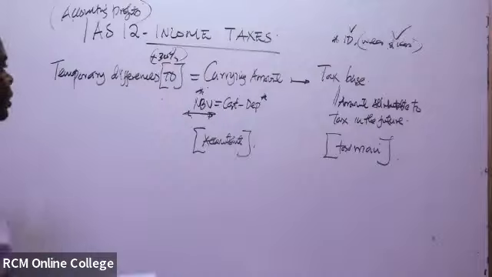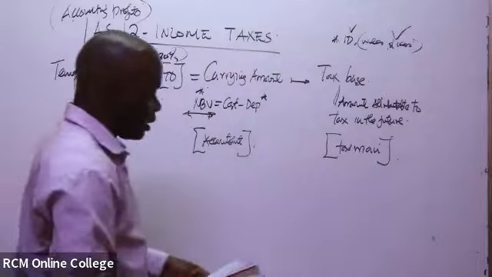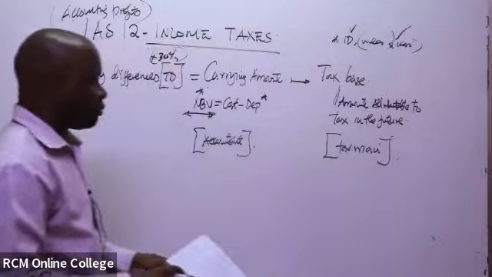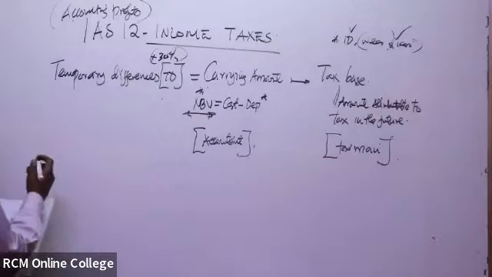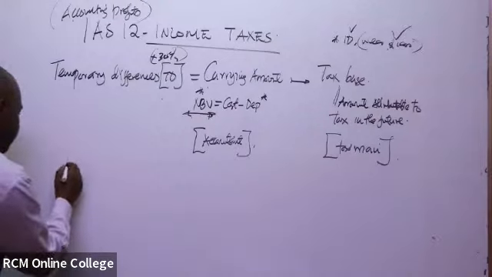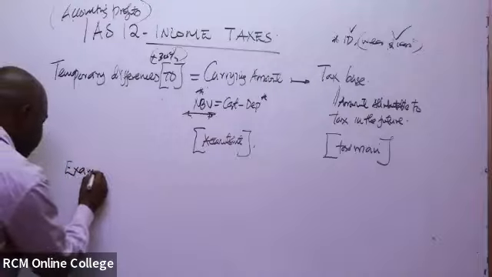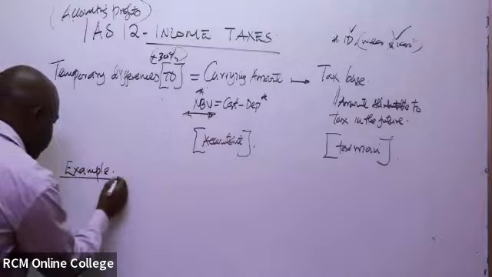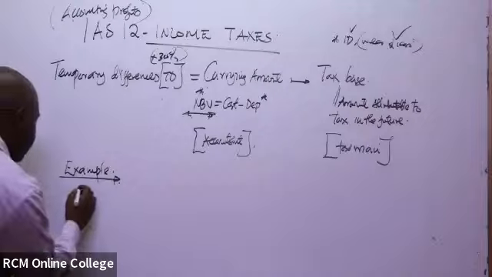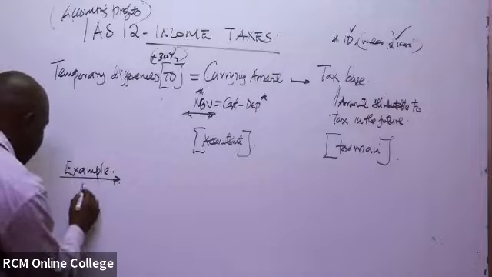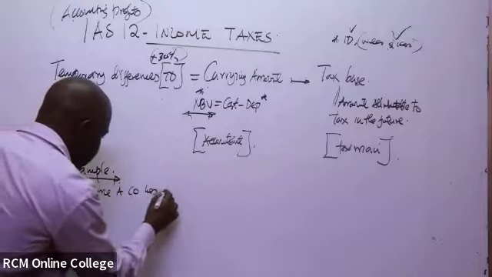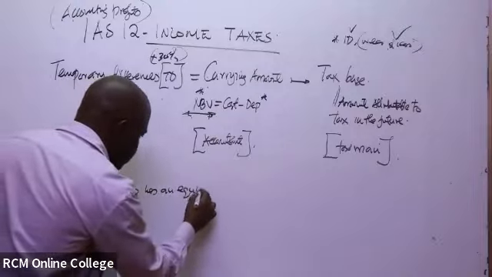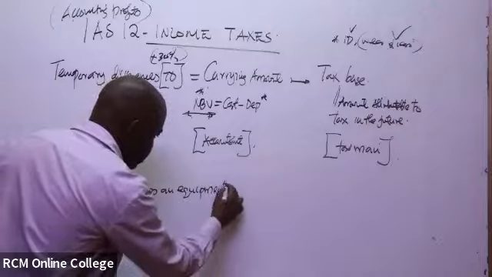But of course, now maybe let's see an example so that you can have the perspective. Let's say, for example, we have an asset. So assume an equipment. Just a small example. Assume a company has an equipment of cost.